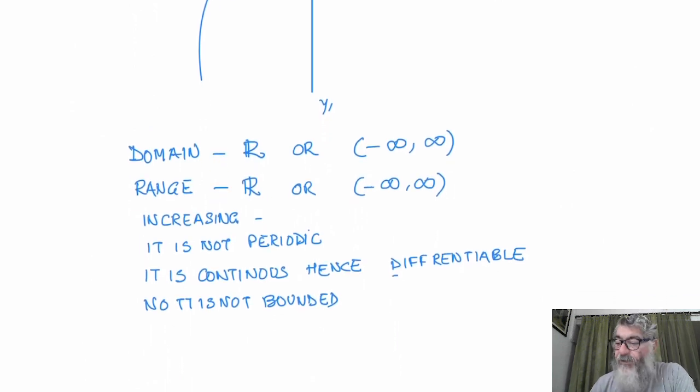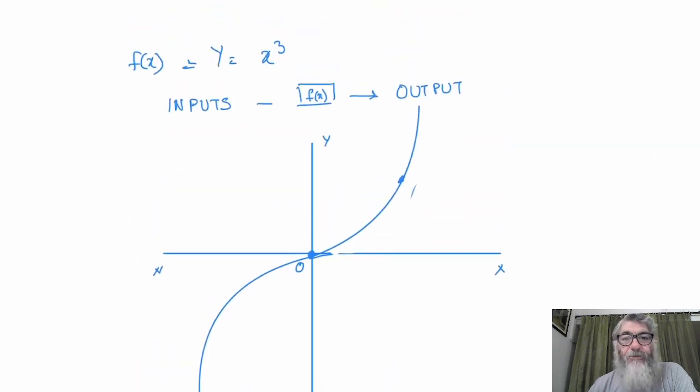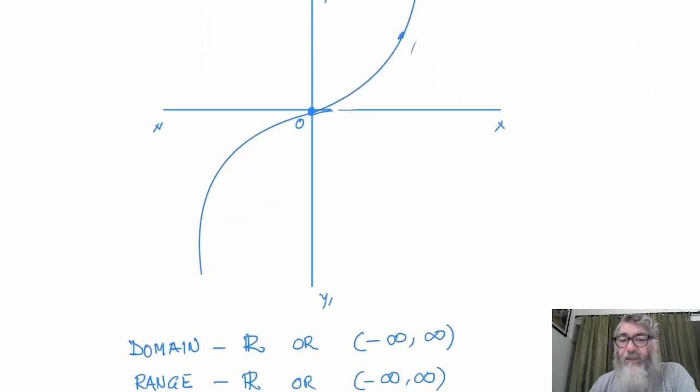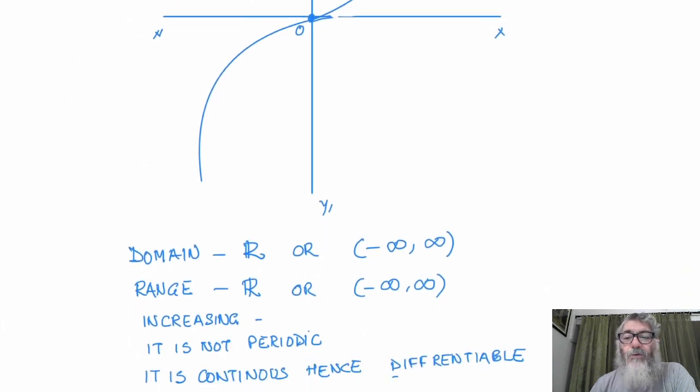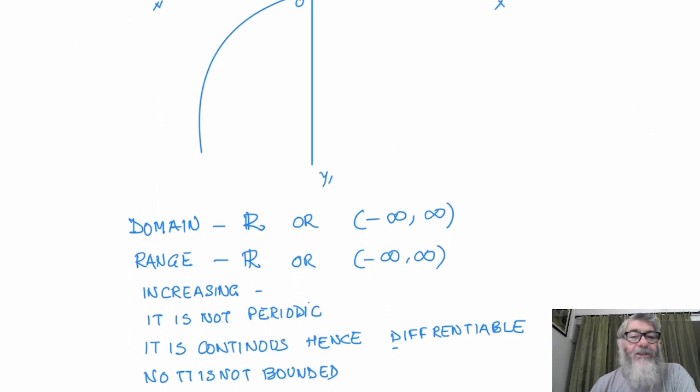So these are a few of the things which are important to notice regarding the graph. First of all, you have to remember what kind of shape y equals x cube, or f(x) equals x cube, has. What are the rules which define this graph? What is the domain of this curve? What is the range? Whether it's an increasing or decreasing function, whether it is a periodic function.